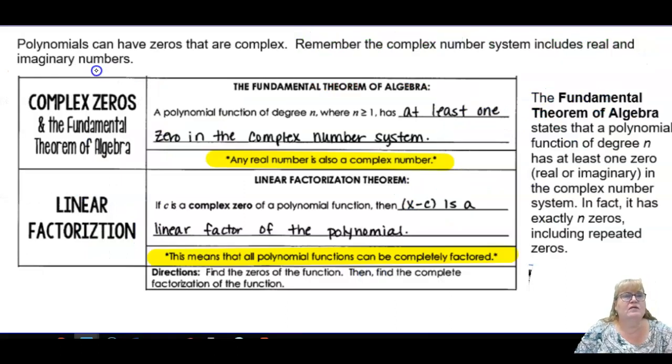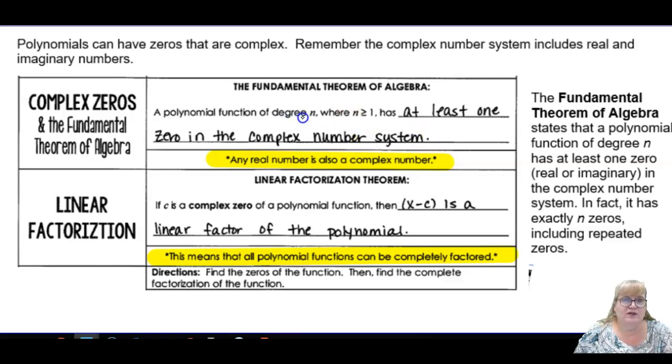All right, polynomials can have zeros that are complex. Now, complex number system includes both real and imaginary numbers. All right, a polynomial function of degree n, where n is greater than 0, has at least one zero in the complex number system, because any real number is also a complex number.